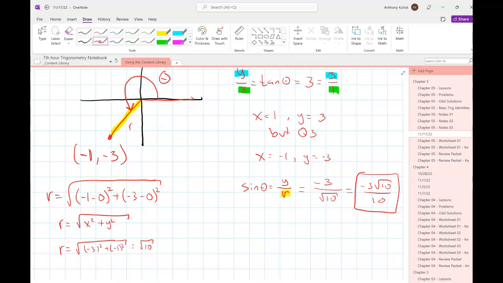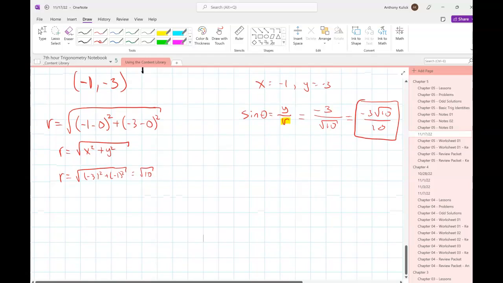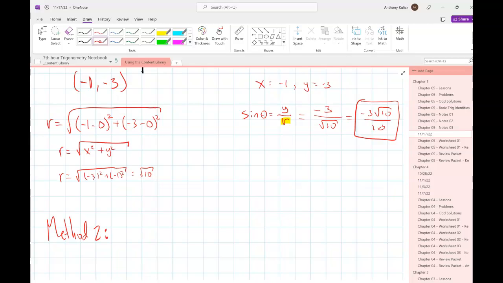Guess what? We can do the same thing, this time using identities.